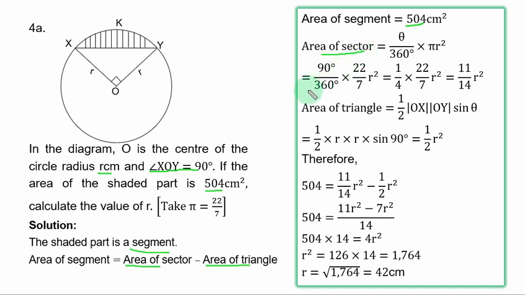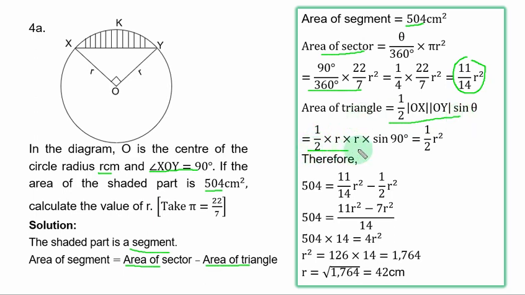You put that in the formula, you replace pi with 22 over 7. If you simplify, you have 11 over 14 r squared. The area of triangle in this context, you have 1 over 2 times the 2 radii times sine theta.